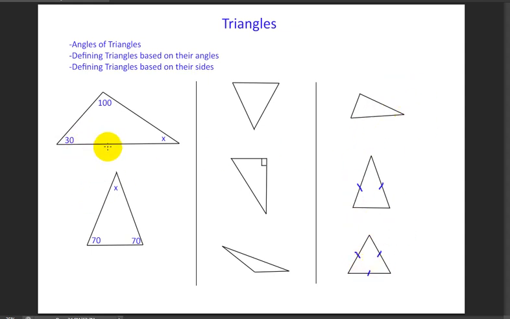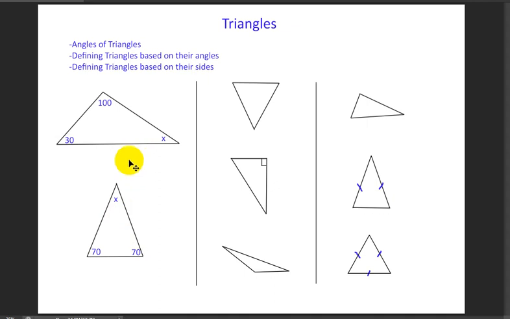But before we do that, we need to begin by talking a little bit about the angles of a triangle. So here you can see that I've made a triangle, and I've given you two of its angles, but the third one remains unknown, and the same goes for this one as well. This is a classic exercise, where you know two of the three angles and you want to find the third one.